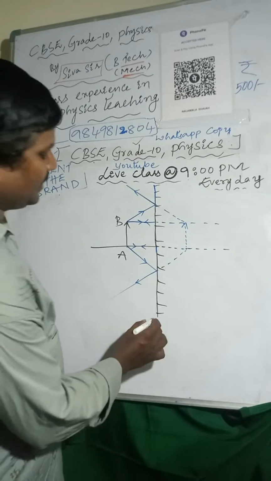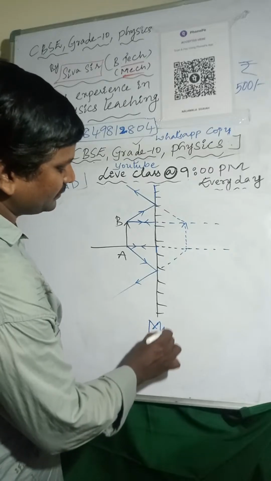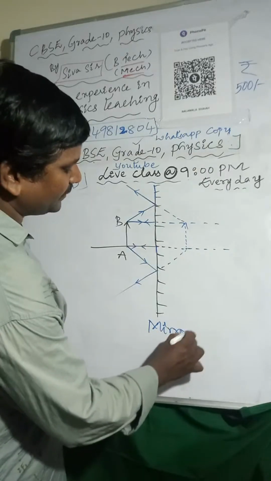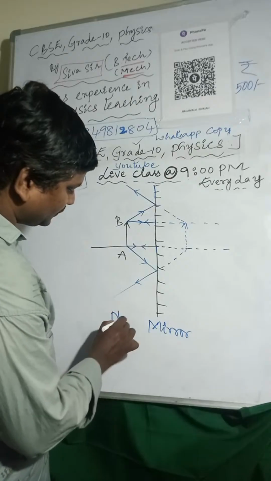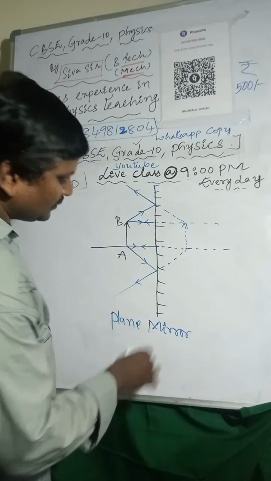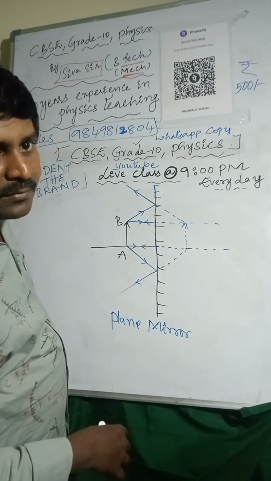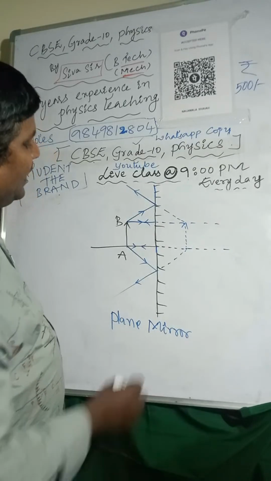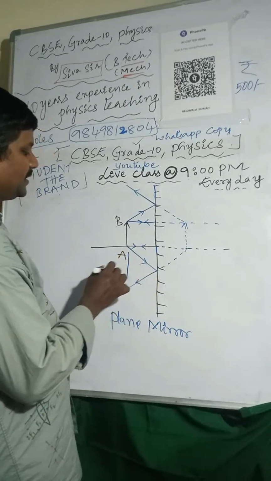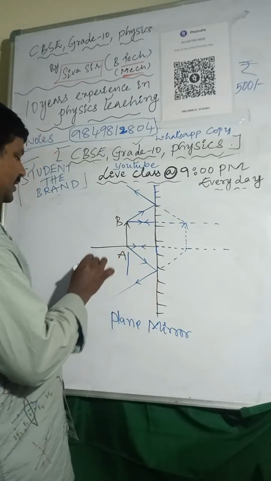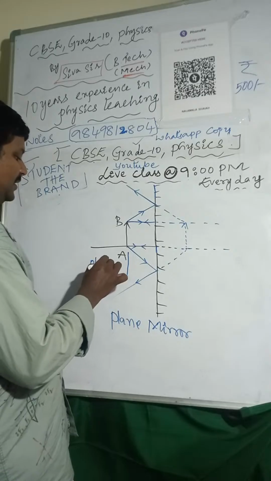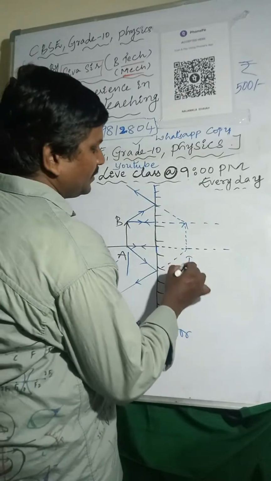This is the plane mirror. This is the object, object is here. This is the image.